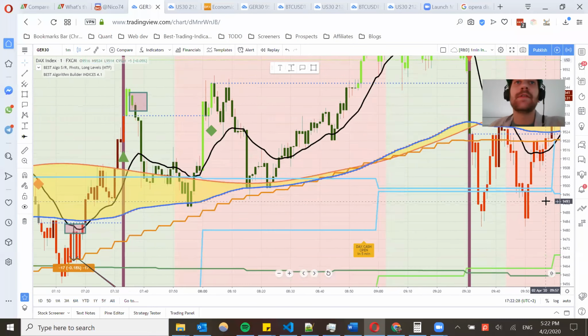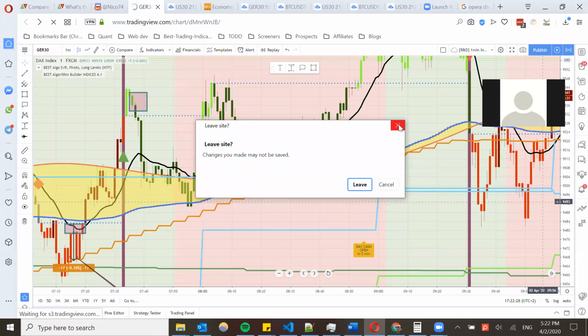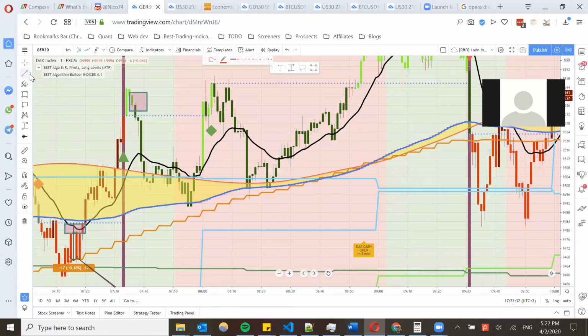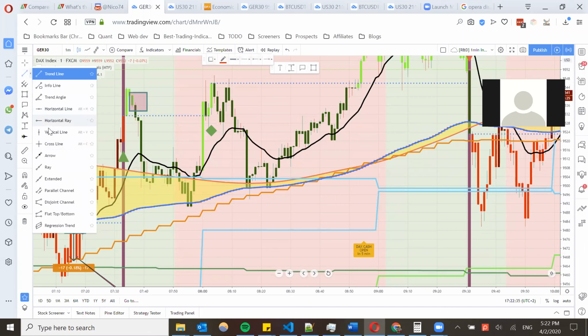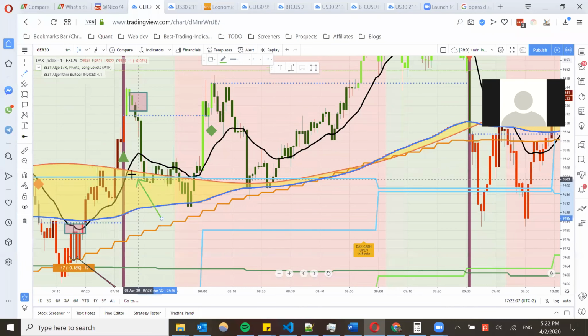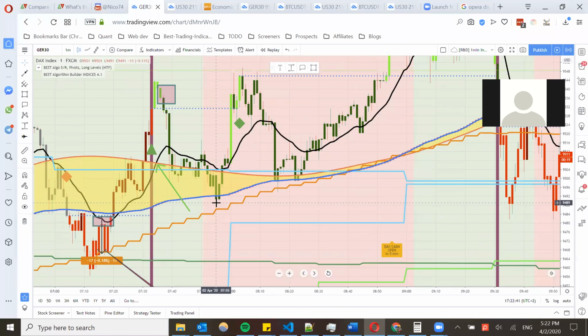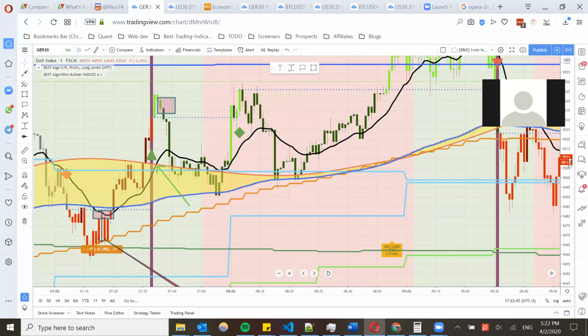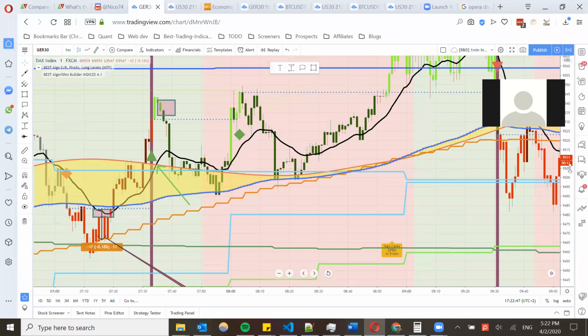Yes. Okay. So I still didn't understand the answer to Thomas' question. Once the pullback happens in the middle of the cloud, not in this case, but in many cases I've seen this, do we wait for the price to come out of the cloud, or can we take it in the middle of the cloud?